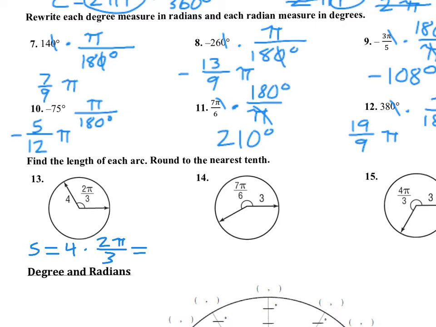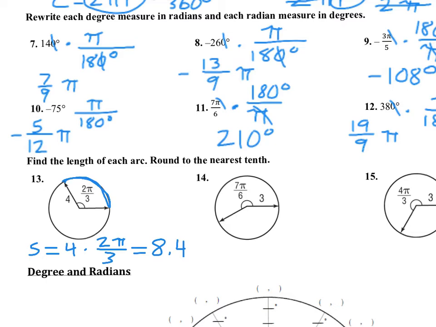So we get 8.4, and that seems reasonable. That whole circle would be, what's 4 times 2 pi? Would be 8 pi. 8 pi would be more than 24. Looks like we only want to go 1/3 of the way around. So yeah, 8.4 seems reasonable.